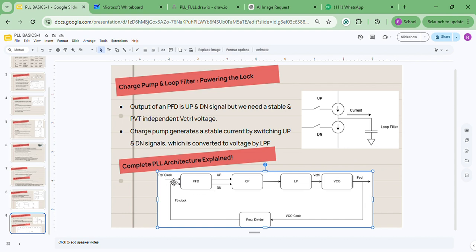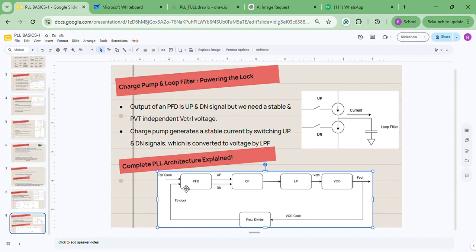This PFD compares the reference and feedback clock, which in turn generates an up signal and down signal. Based on this up and down, this charge pump will generate a current, and that current is converted to voltage by a loop filter, which also filters the other unnecessary harmonics and only gives a filtered, stable, clean DC voltage as control voltage to VCO.